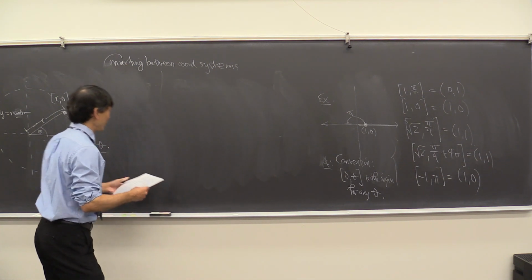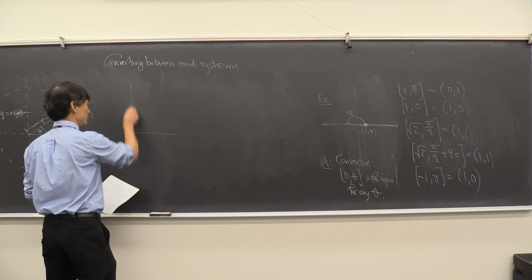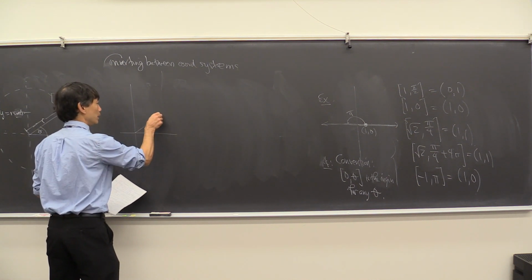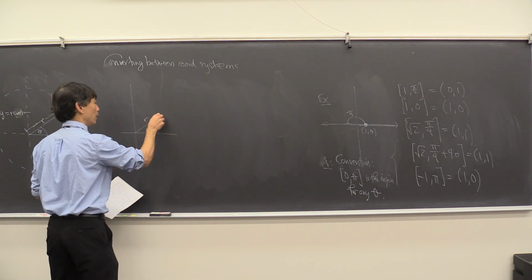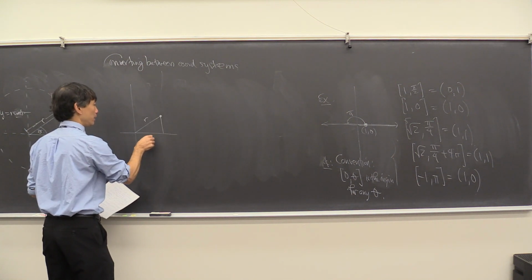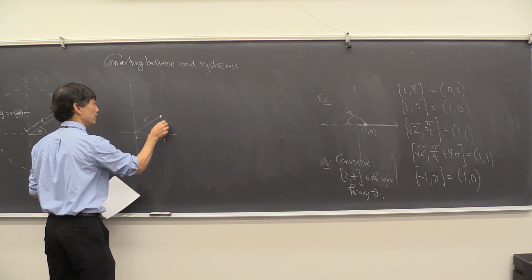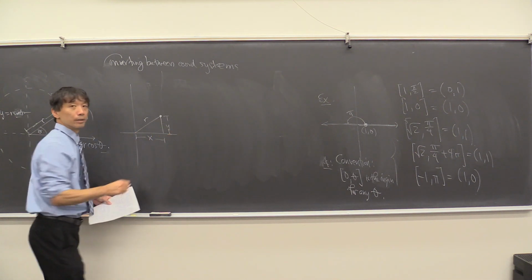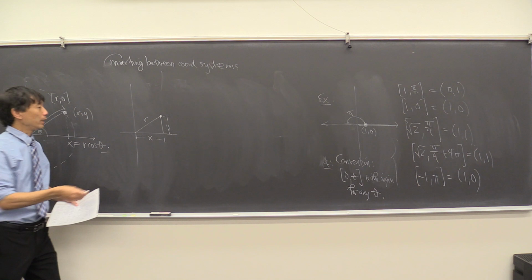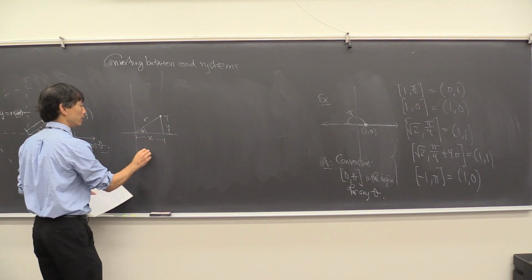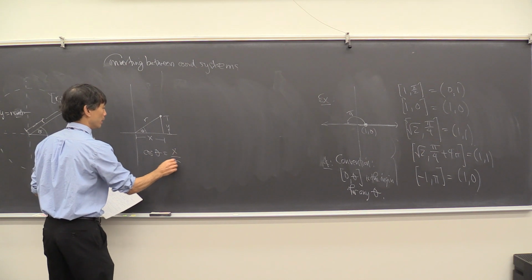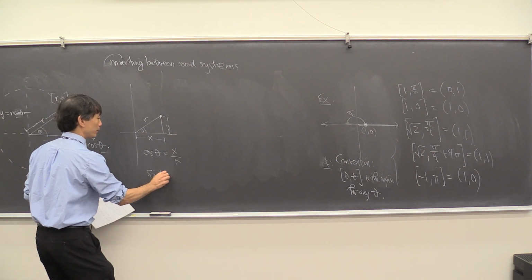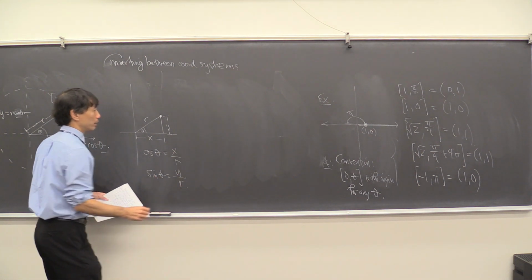Sometimes maybe it's easier to think of this in terms of triangles. If we're in the first quadrant, and this length is r, this is x and this is y, and you see that cosine of theta is x over r, sine of theta is y over r.